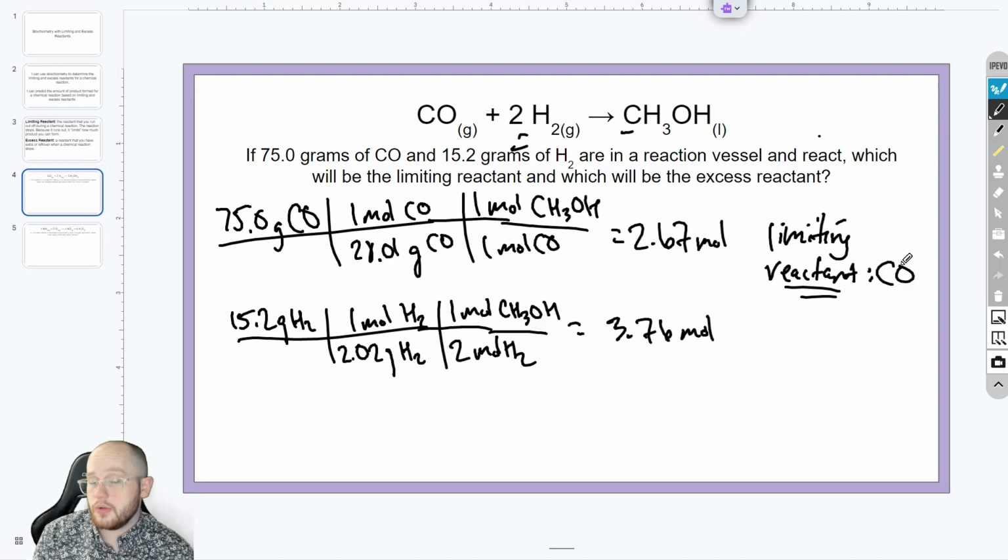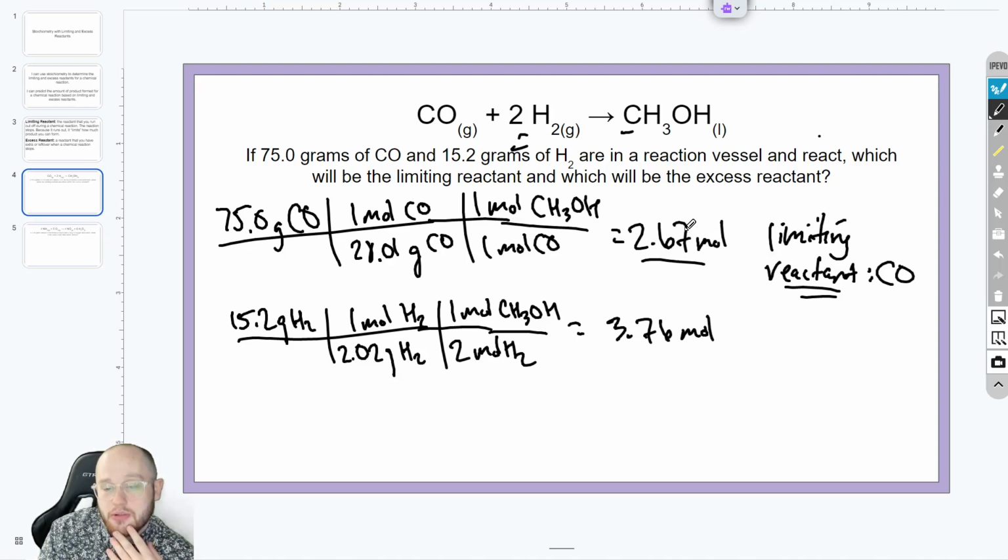Basically, why that is: this tells me when I make 2.67 moles of methanol, I completely use 75.0 grams of carbon monoxide. I do not have enough carbon monoxide to make 2.78 moles. I do not have enough carbon monoxide to make 2.79 or 2.70. I've run out. I cannot make more than this.